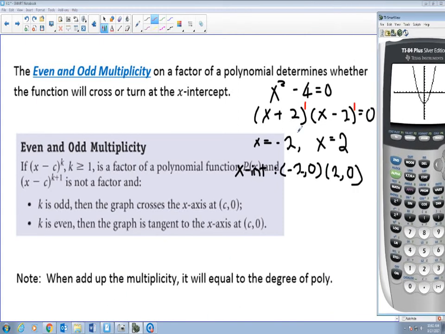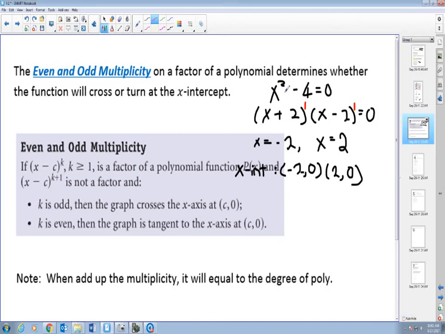When we add up the multiplicities, that equals the degree of the polynomial. So the degree of the polynomial, being a square, also tells you at most how many zeros you should have. We should have at most 2 zeros.